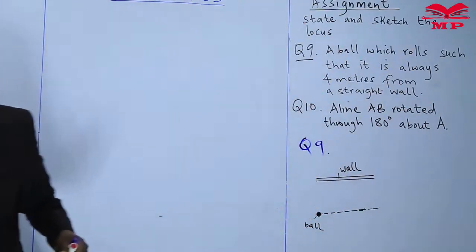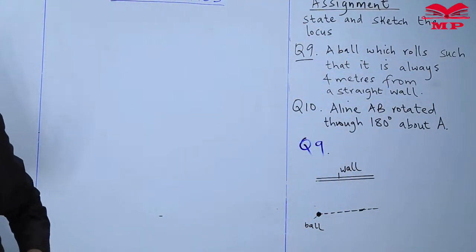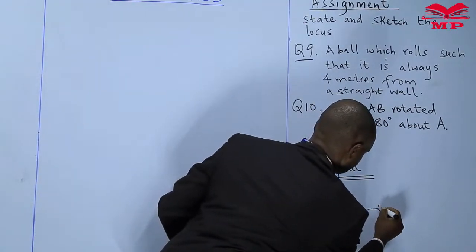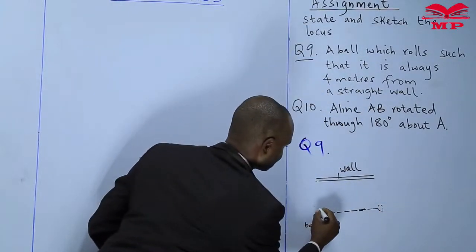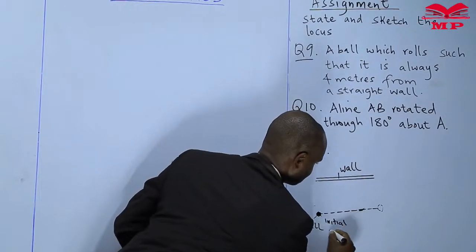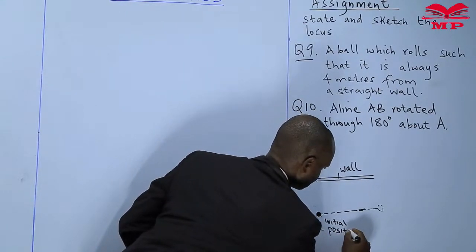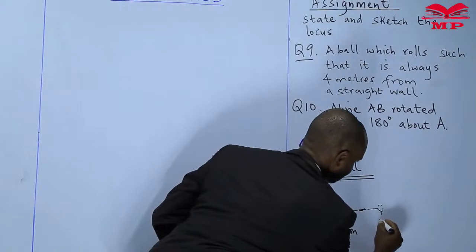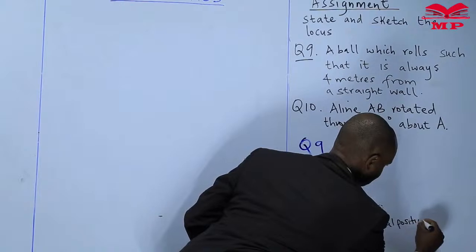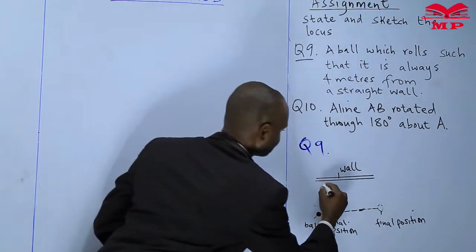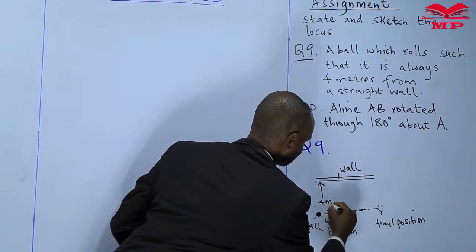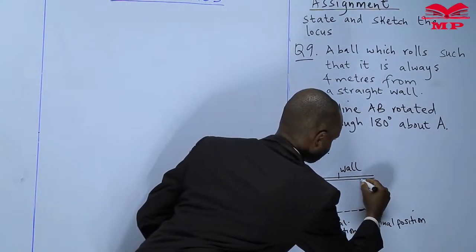You can take this as the initial position. That is the final position, and that distance, we are told it is always maintained as 4 meters.